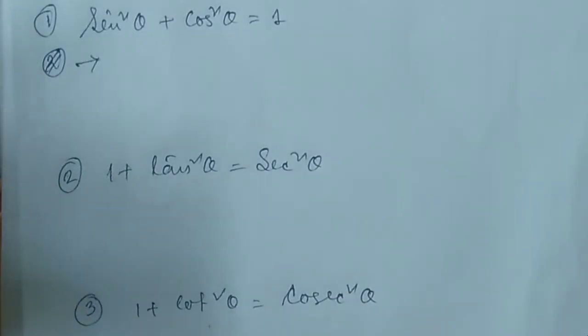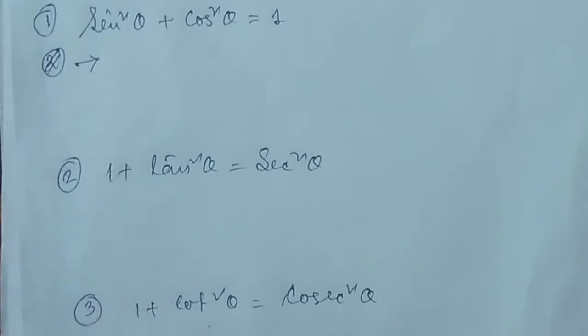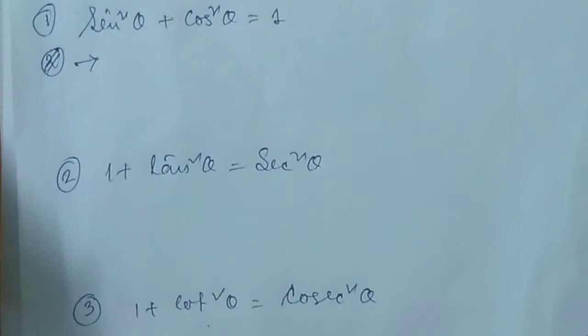So almost we have completed the formulas where you need to get the ratios and relations of sine, cos, tan, cot, sec and cosec. Very easily you can remember. Three of them you learned, all of them serially: sine, cos, tan, cot, sec, cosec. Then if you know the ratios of sine, cos and tan, the other three you can get easily.